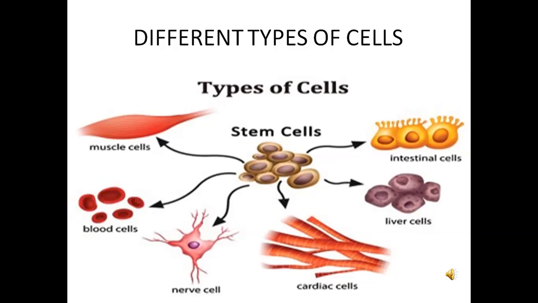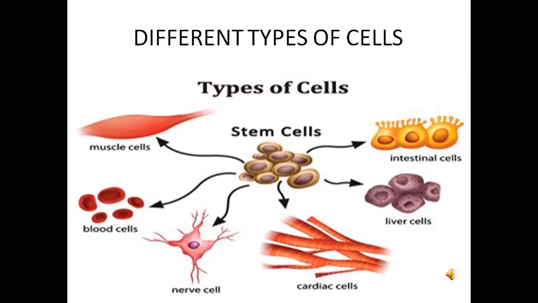Have a look at the difference between nerve cells and red blood cells in the images. Even though there are many different types of cells, there are some components common to all types of cells.